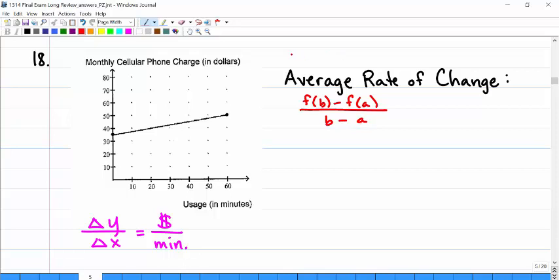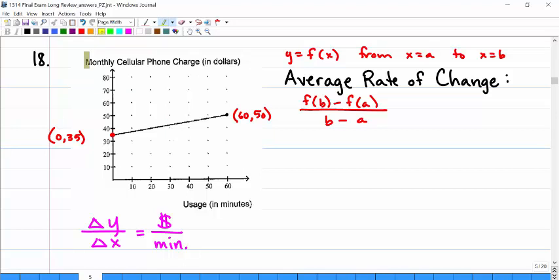And that represents the average rate of change of the function y equals f of x from x equals a to x equals b. Okay, our a value is going to be 0. So our point here is 0, 35. And our x equals b value is going to be here at 60. And this point is 60, 50.